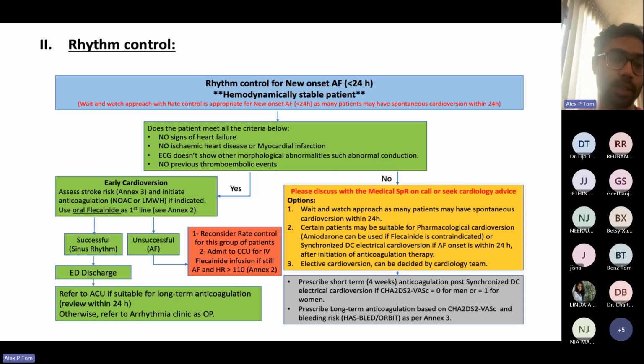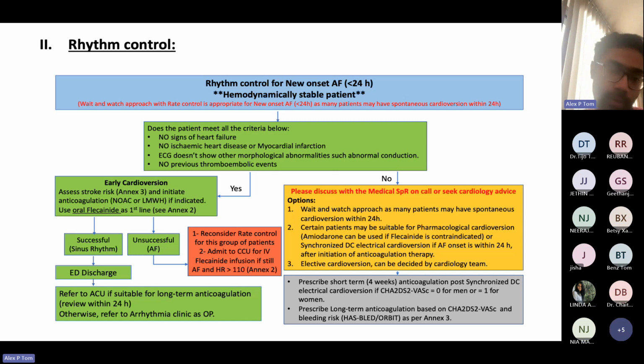That is the most important thing. Then you control their rhythm using pharmacological agents, and you can either discharge them, or if unsuccessful, you need to discuss with your seniors and consider either a DC cardioversion or further infusion of pharmacological agents. The patient will need better monitoring and things like that.